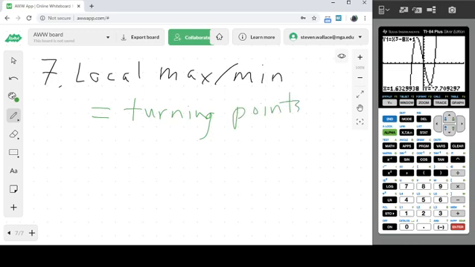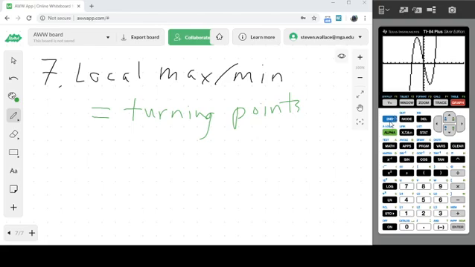Okay, so if you look at my example here on the calculator, first of all, I went y equals, and I put x cubed minus 8x plus 1. And I graphed it, and that's what it looks like. Okay, and if I wanted to find the local max or the local min, those are the turning points, right? So the local max would be this one. Local min is this one.